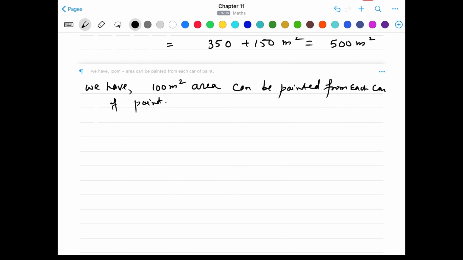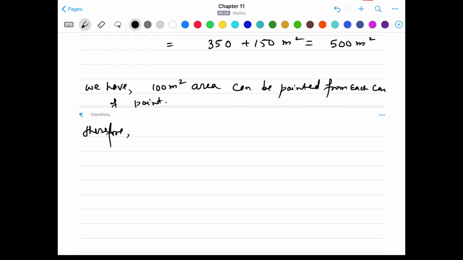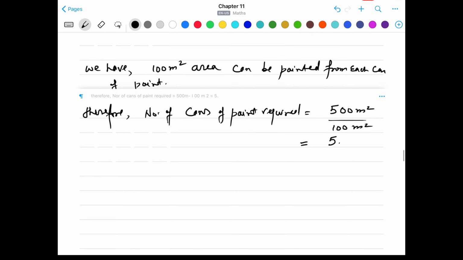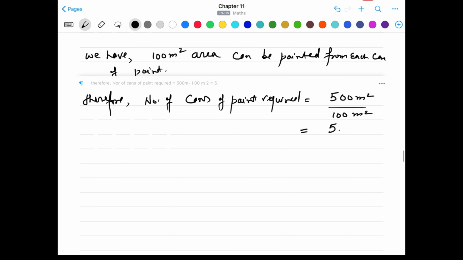Therefore, the number of cans of paint required will be the area which is to be painted, 500 meter square, divided by 100 meter square, the area painted by one can. This will give us the number as 5. So we need 5 cans to paint the 4 walls and the ceiling of the hall.